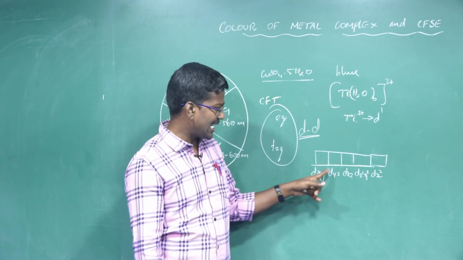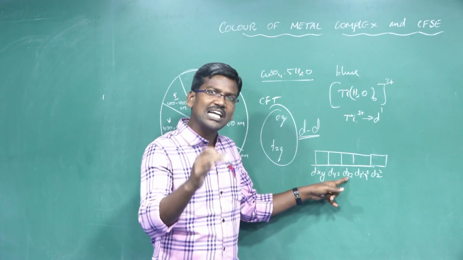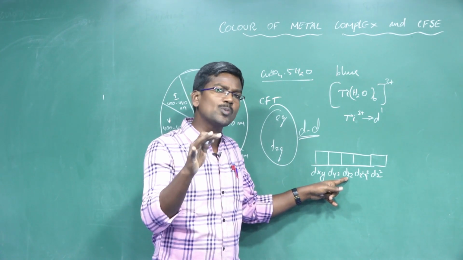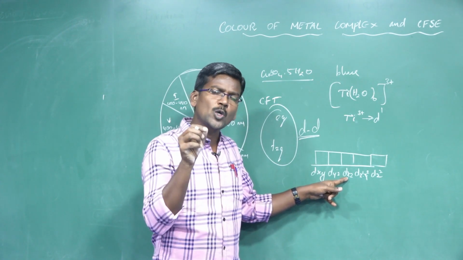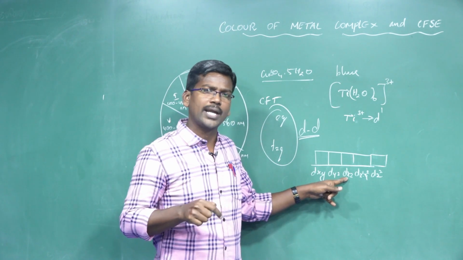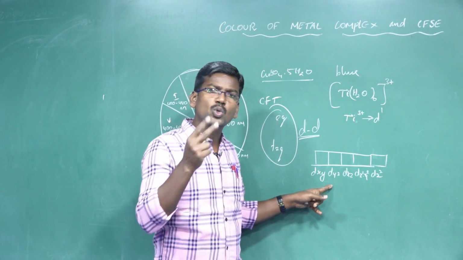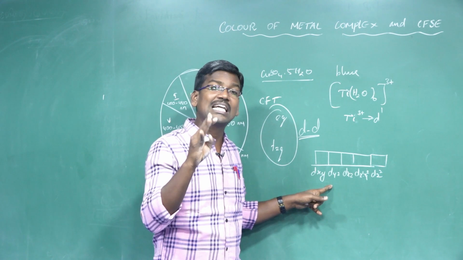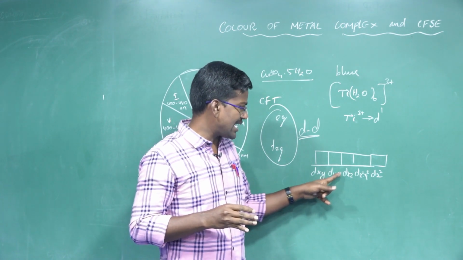The dxy, dyz, dxz orbitals have a cloverleaf shape, which contains 4 lobes. The point where 2 lobes meet is known as a nodal point, so each orbital contains 2 nodal points.